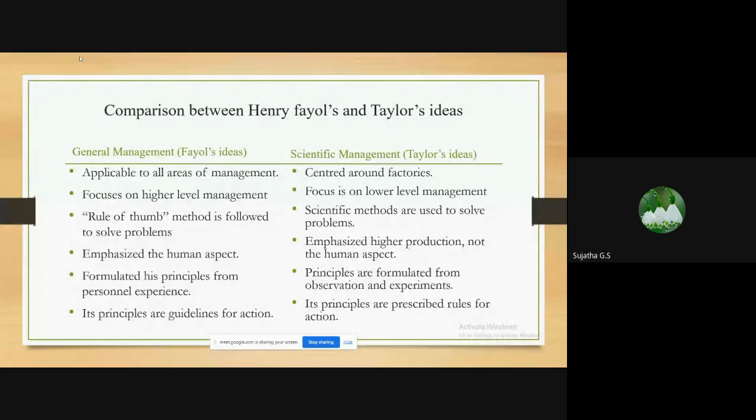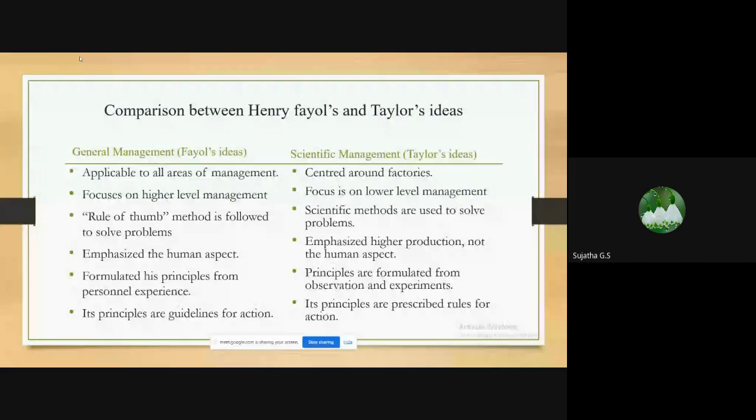Fayol has formulated his principles from personal experience. Taylor's principles are formulated from observation and experiment. Fayol's principles are guidelines for action. Taylor's principles are prescribed rules for action. These are the differences between Henry Fayol's and Taylor's principles.